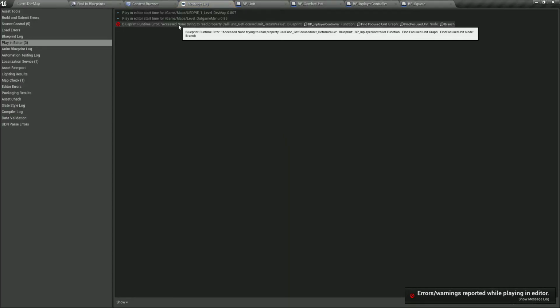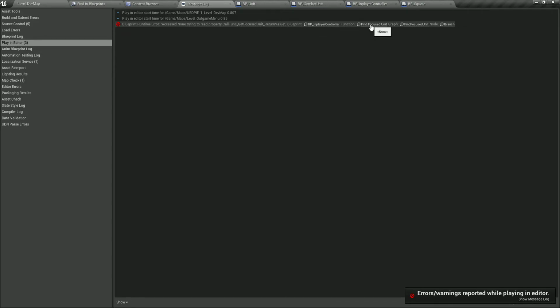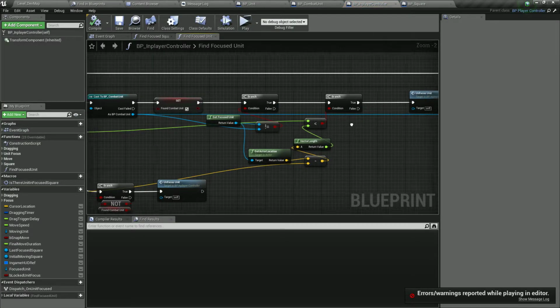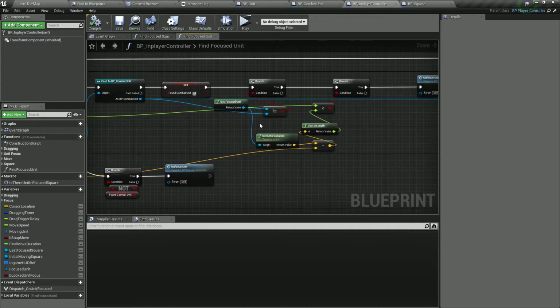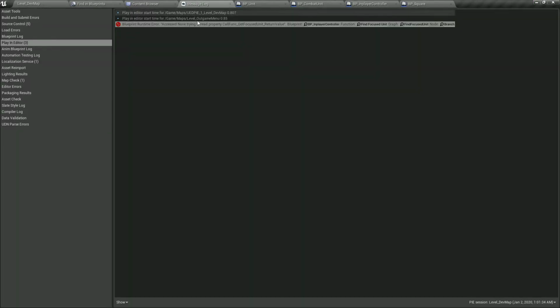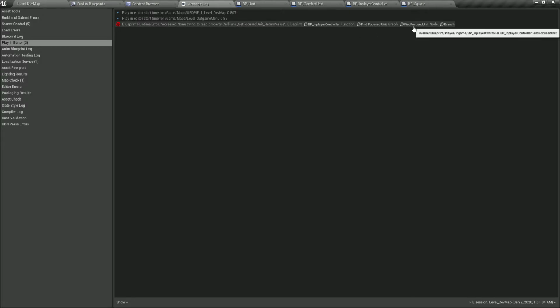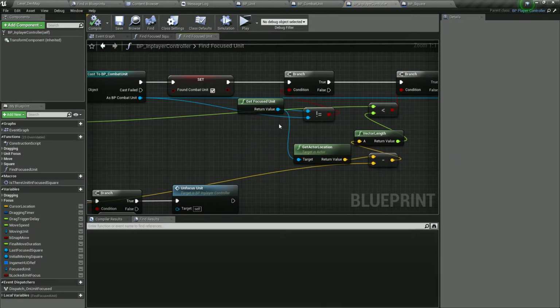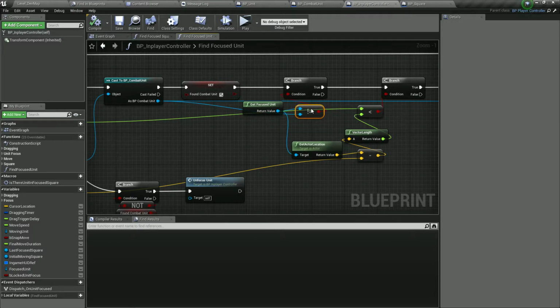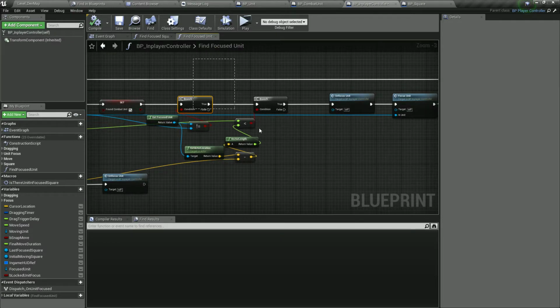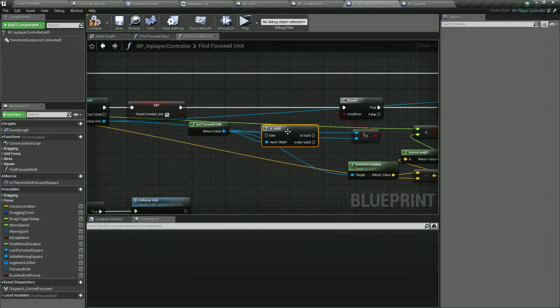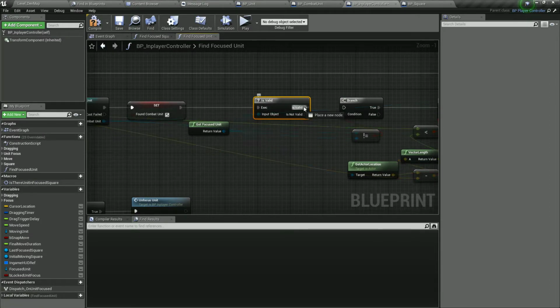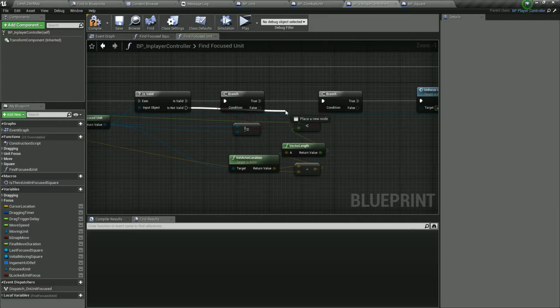And we have an error here. The error says, in the branch we're looking for, oh yeah, of course. If we arrive here the first time and we don't have a focus unit, we can compare our distance.